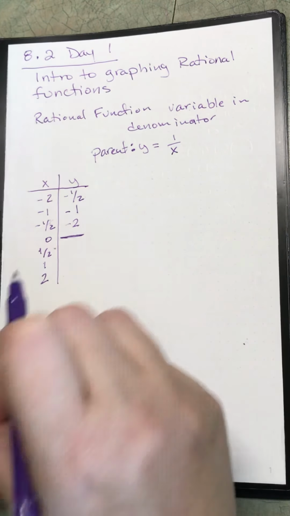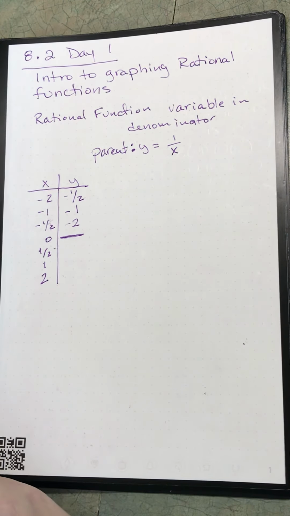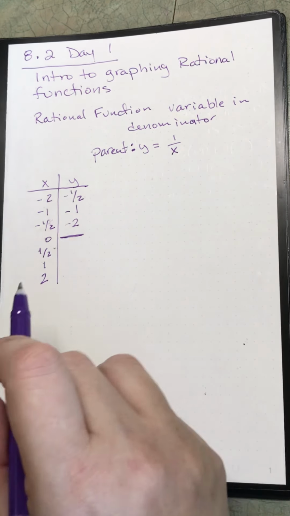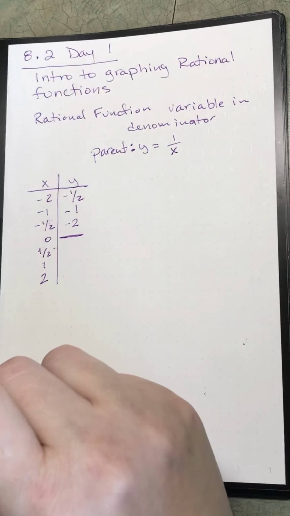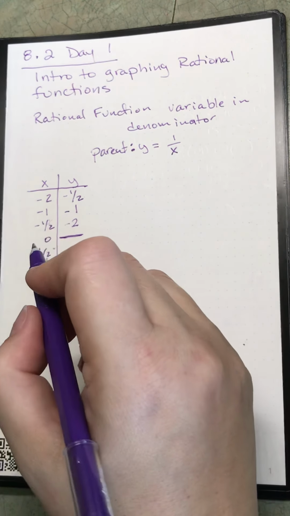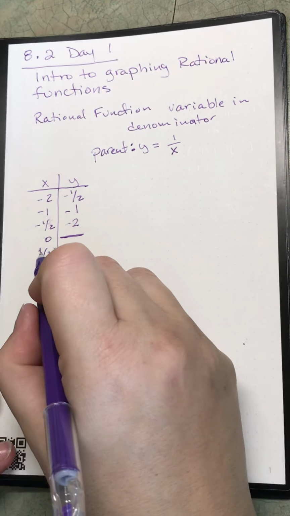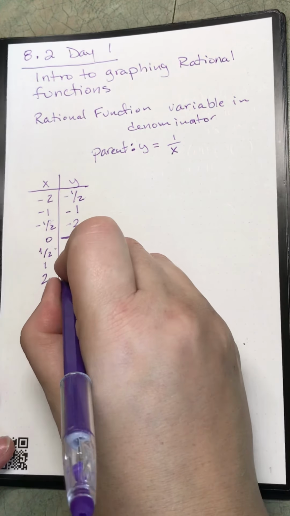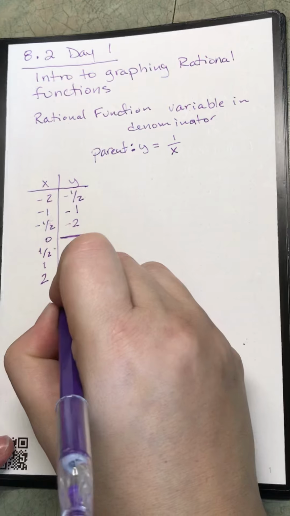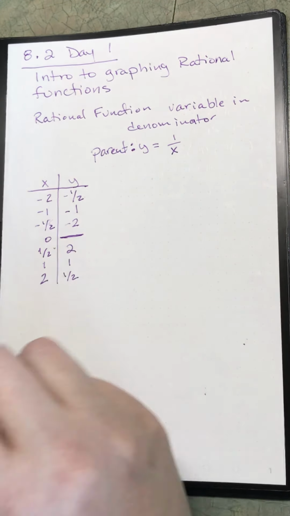So I'm just going to put a line there. It's important to note that point, but we don't have a point to graph at this time. Okay, and then 1 divided by 1/2 is 2, 1, and 1/2.